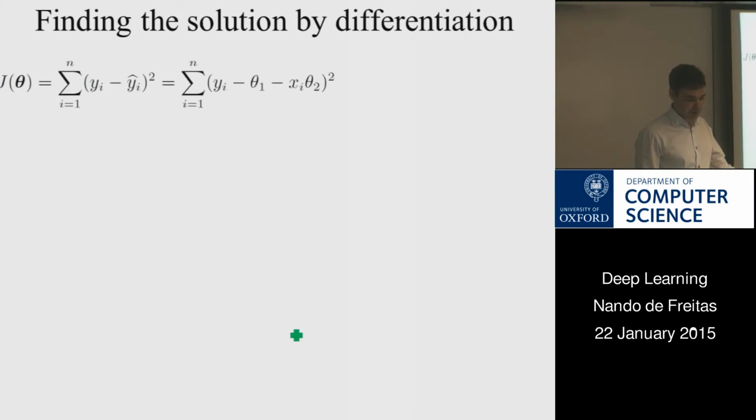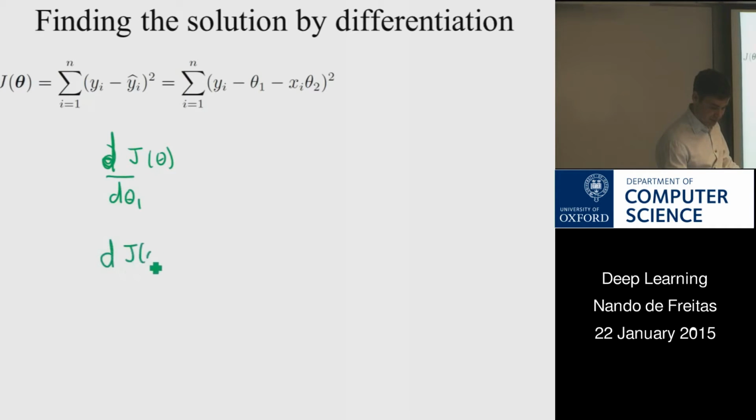So then to find the optimal theta is just a matter of differentiating. You can do it in two ways. What I would do is take the derivative of J of theta with respect to theta 1, and then take the derivative of J of theta with respect to theta 2.